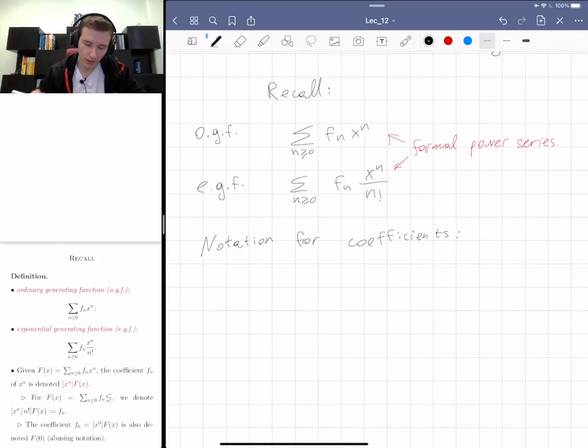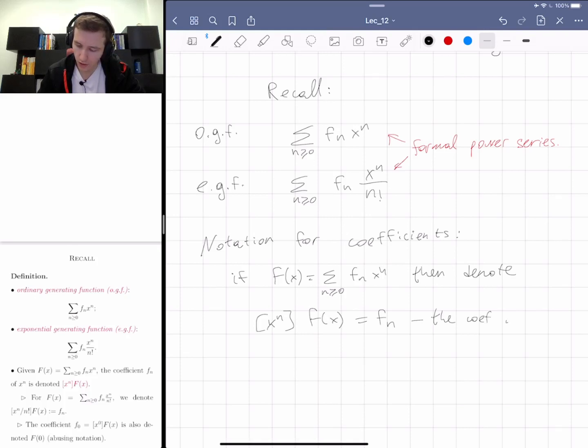Sometimes I have a generating function and I want to extract one particular coefficient f sub n. So the notation for that is, if f of x is the sum of f_n x to the n, then denote [x^n] f(x) to be the coefficient of x to the n in f of x. It's pretty standard notation.